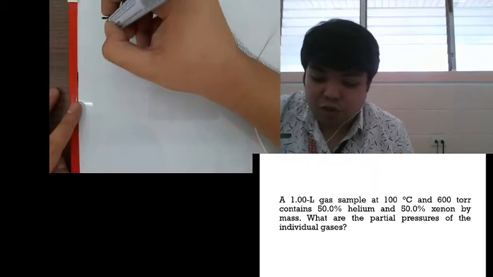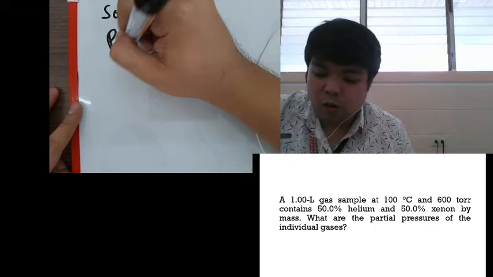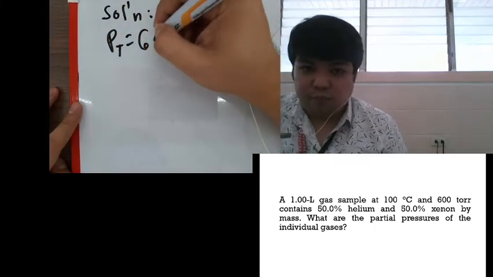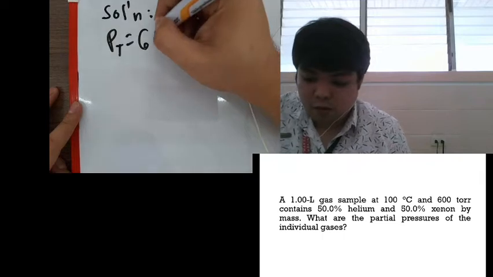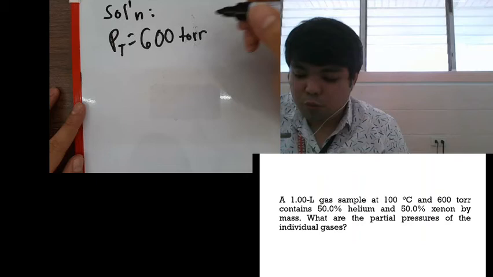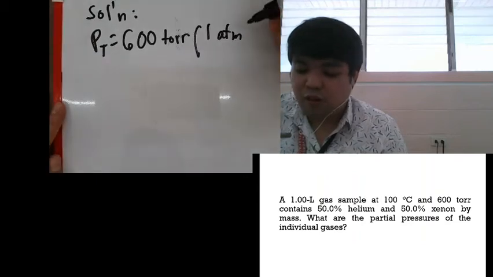So for pressure, it should be in atmosphere. So we know that 1 atmosphere is equivalent to 760 torr.